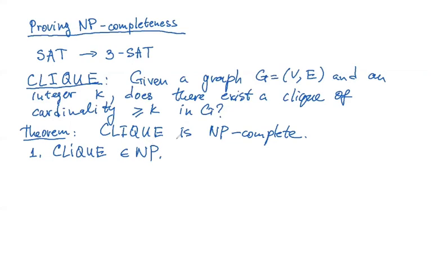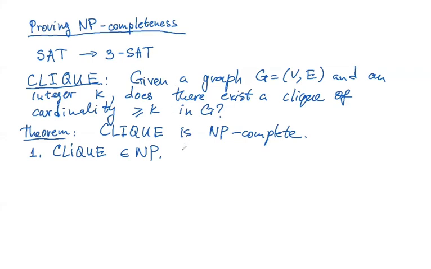In this case, what we need to do is provide a polynomial time verifiable certificate for a yes instance of the problem. For example, if the answer is yes to the CLIQUE problem, meaning that there does exist a clique of cardinality at least k in the graph, all we need to do to prove this is to provide a clique on k vertices, and then it is very easy to verify that this is indeed a clique.